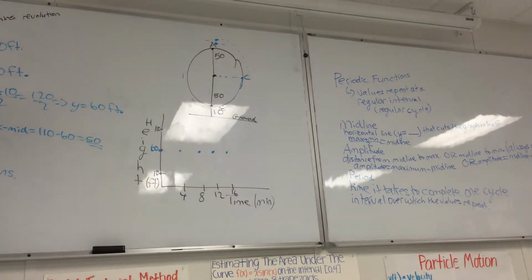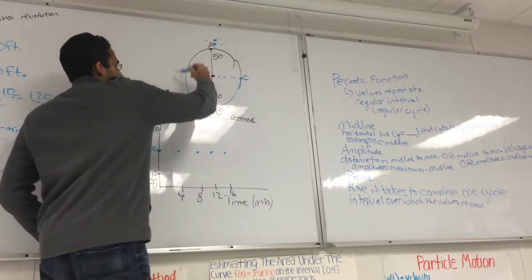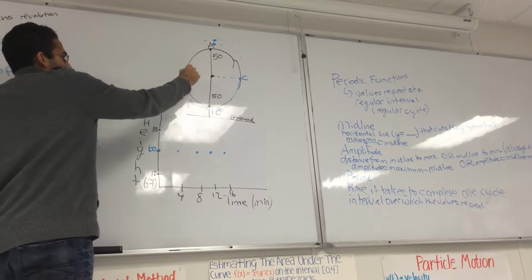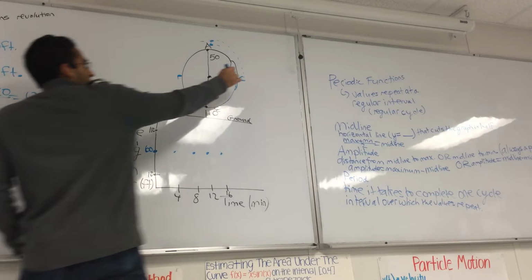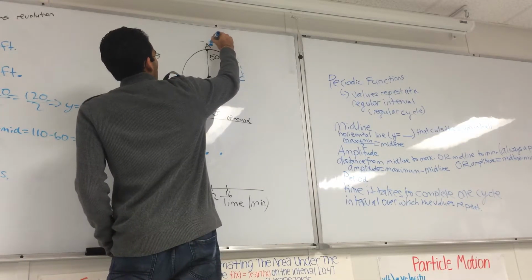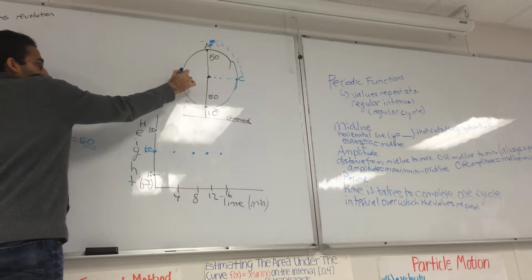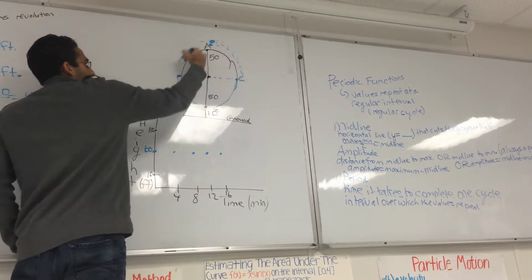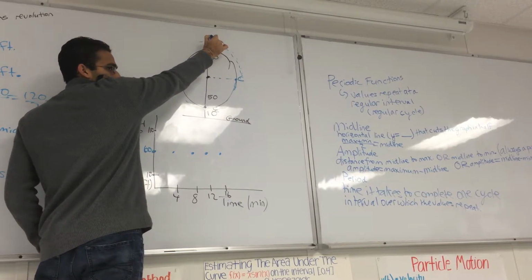All right. So it takes me 4 minutes to go all the way around. So it takes me 2 minutes to get here, because this is halfway. So how many minutes does it take for me to get to the highest spot? 2 minutes to go halfway, so 1 minute to go a quarter of the way.